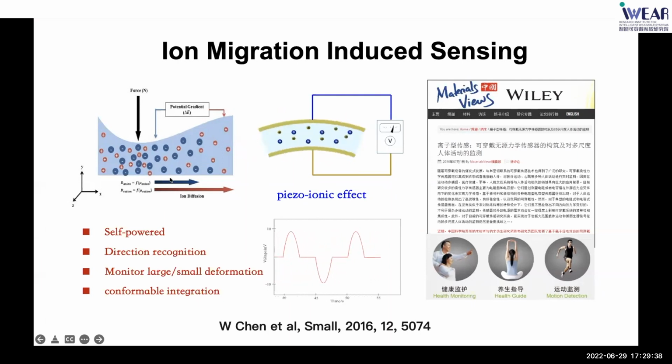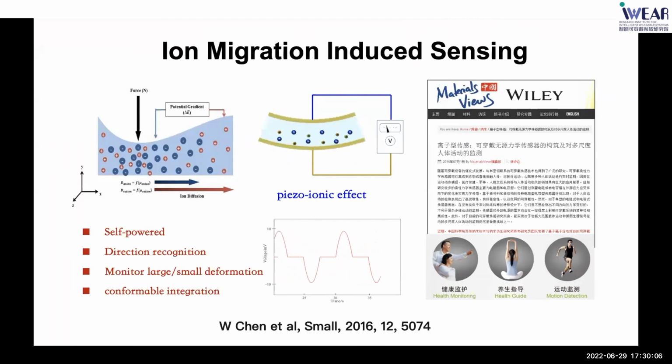If you apply a force to the ionic gel, due to the transport of ions and the volume change, the ion concentration between the two locations shown here is different. Then a potential gradient is generated, as shown here. Due to the deformation, the potential is generated. We call it the piezo-ionic effect.